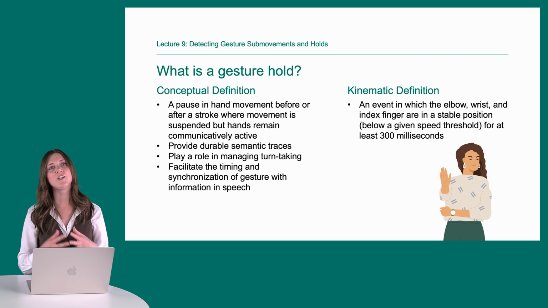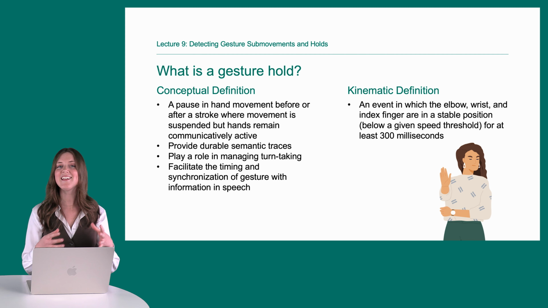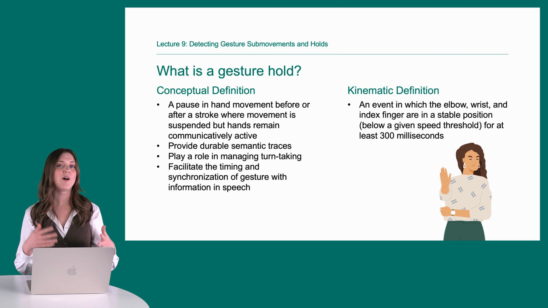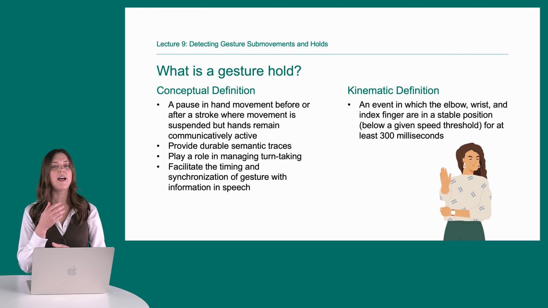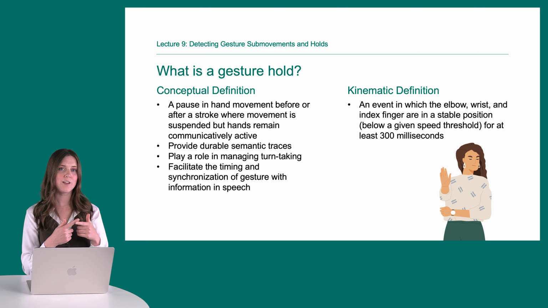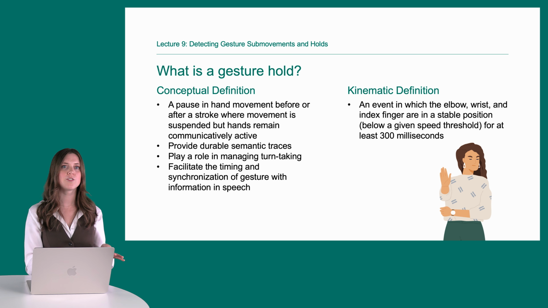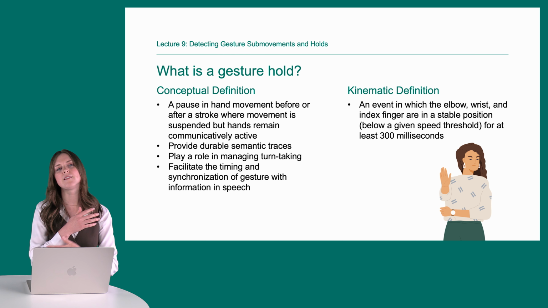Kinematically, we define a gesture hold as an event in which the elbow, wrist, and index finger are in a stable position, below a given speed threshold for at least 300 milliseconds. We require that the elbow, wrist, and index finger are all below the speed threshold to ensure that the participant's entire arm and hand are still.